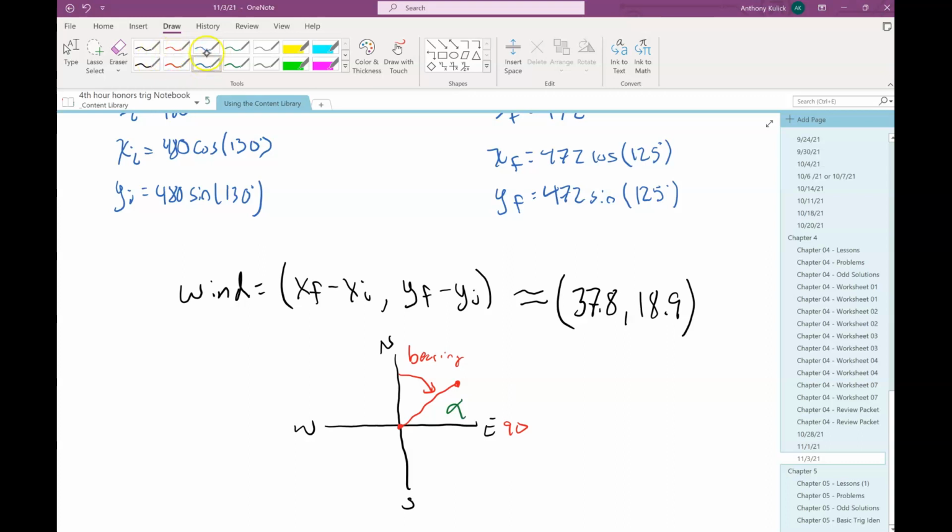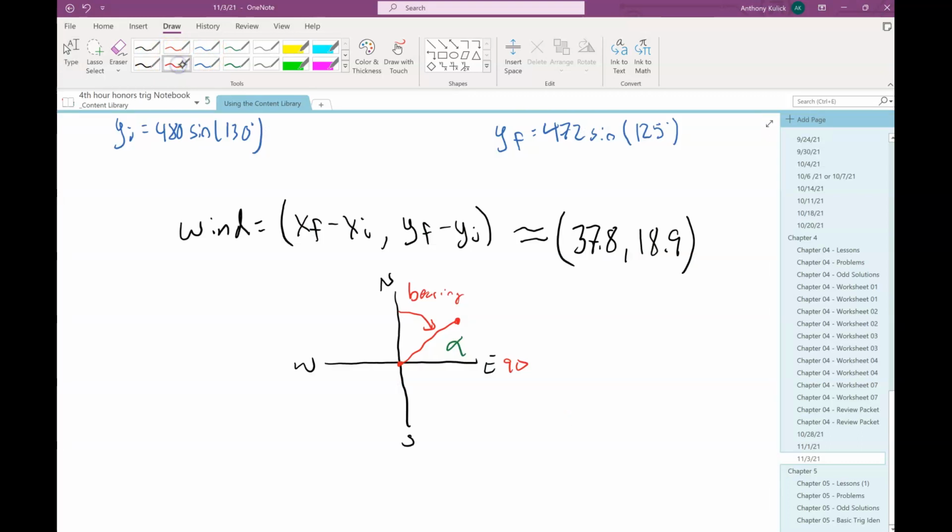So if I want my speed, that's just going to be the Pythagorean theorem or the distance formula.